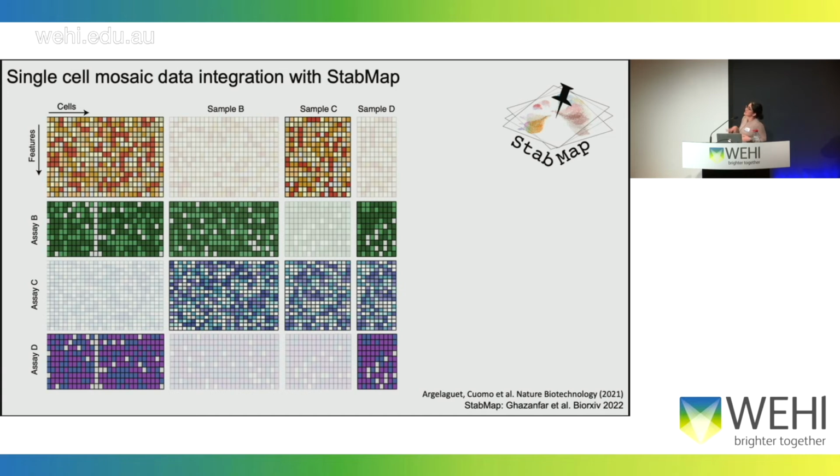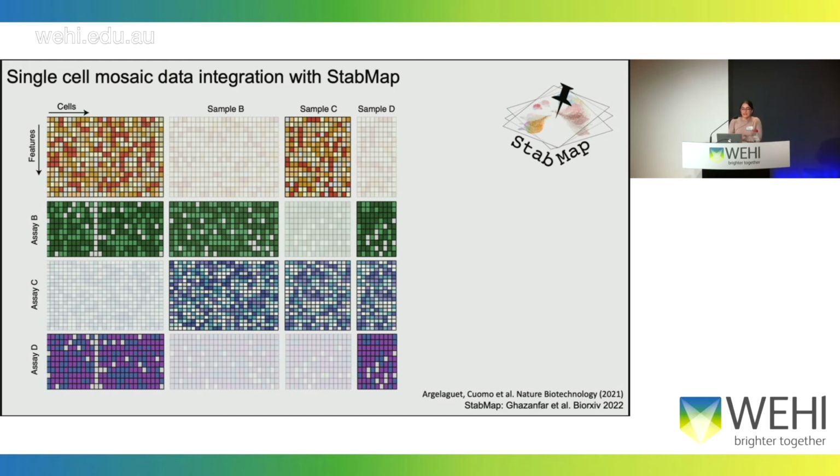And so what this schematic is trying to capture is that for various combinations of data sets, we may be capturing some assays for some sets of cells, and we may be capturing others for those.